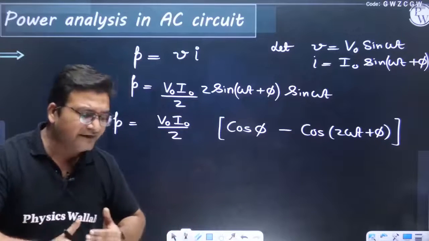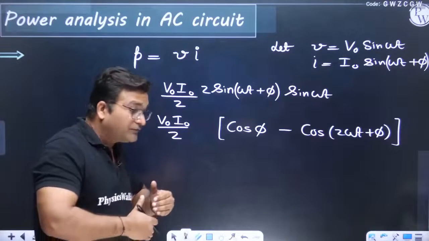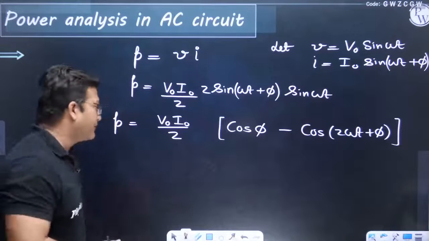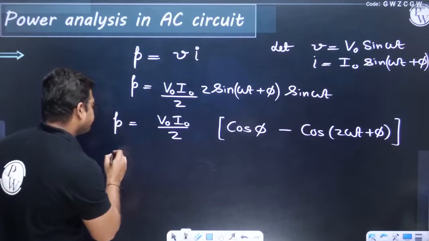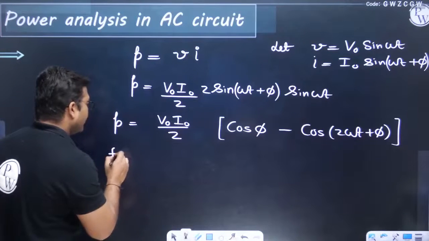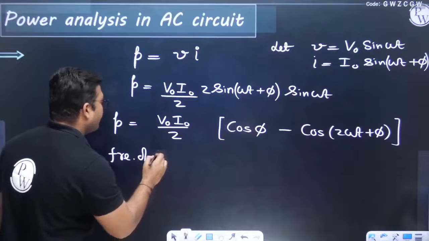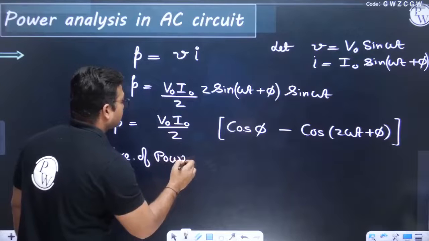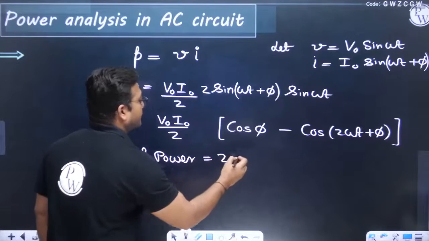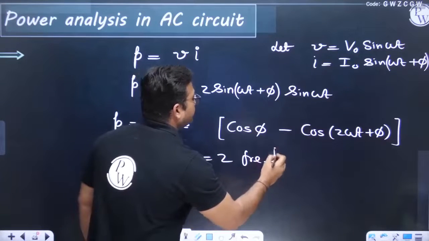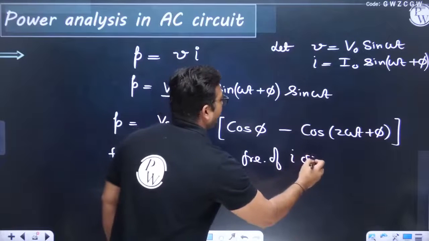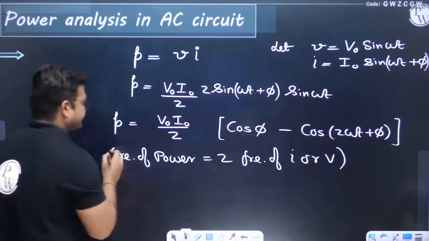Or if frequency is f, the frequency of power will be 2f. Okay, so we can write a very important point from here. Frequency of power equals twice the frequency of I or voltage.